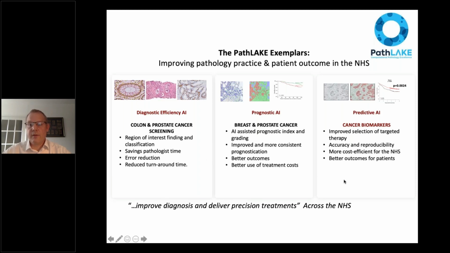And in the final sector, the prediction, we've been looking at colon cancer and the use of immunomarkers to help predict which cases of colon cancer will respond to which kind of therapy in the future.